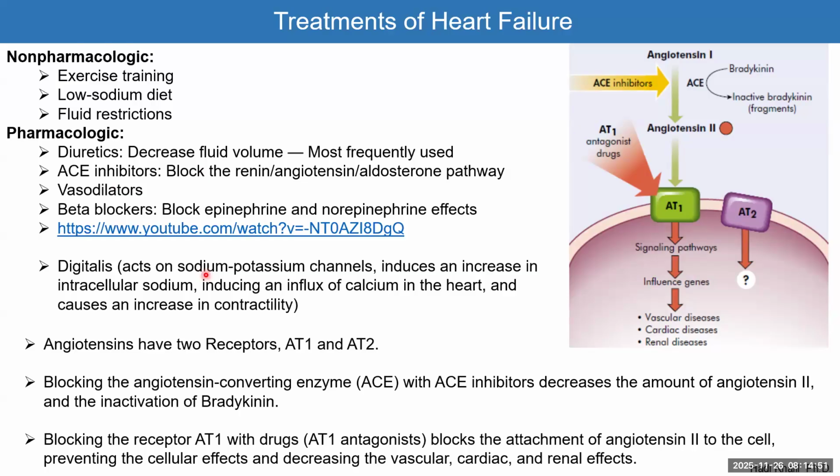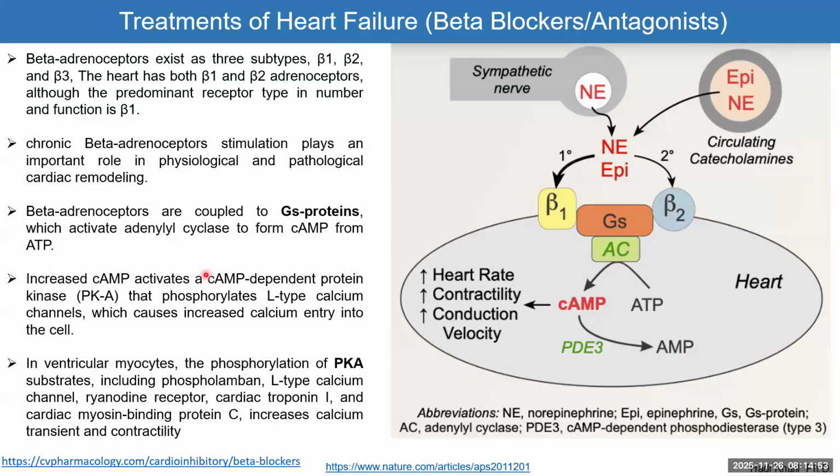So let's talk a few words about the beta blockers. And beta blockers, as their name indicates, sound very complicated. However, we already have discussed their molecular signature. The beta blockers target the beta adrenoreceptors. And these proteins have multiple beta isoforms, beta 1, 2, and 3. Beta 1 and 2 are the most expressed in the heart.